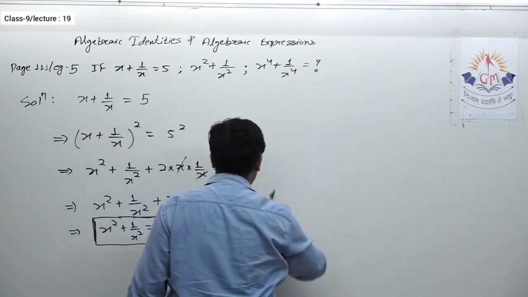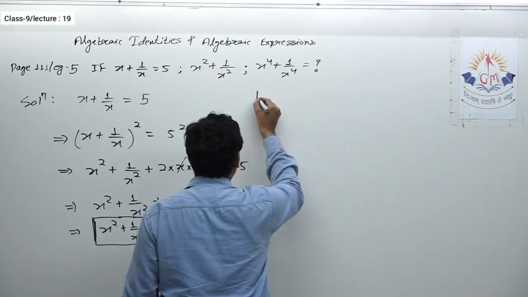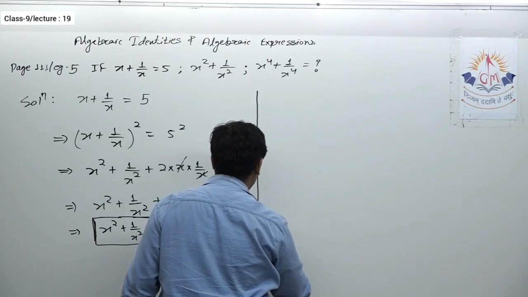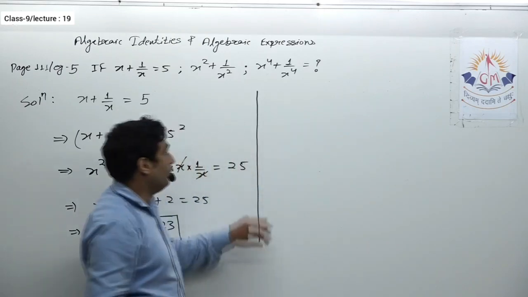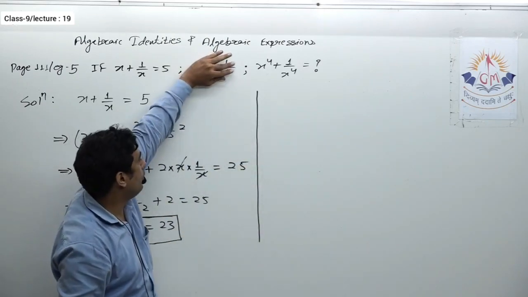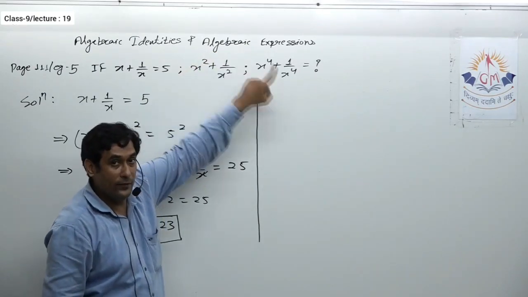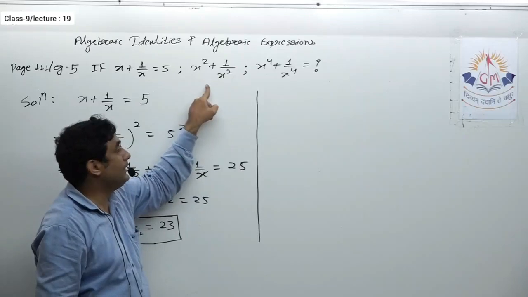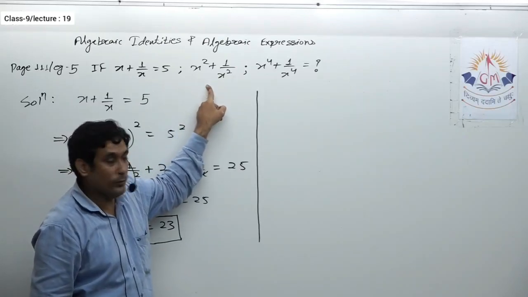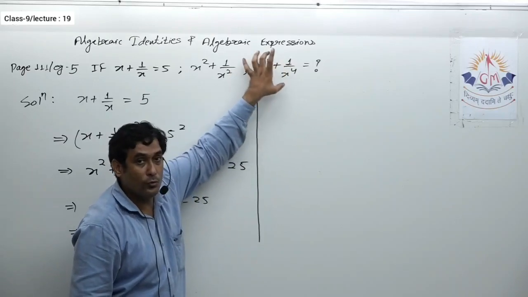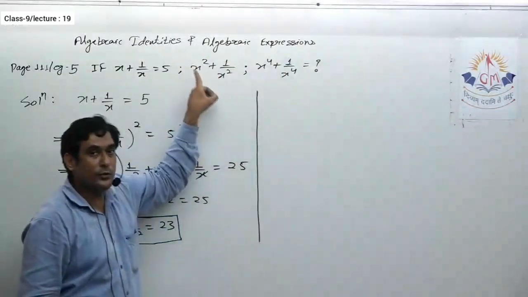So now we'll start from the expression x square plus 1 upon x square is equal to 25. Suppose in this question they are not asking you this, they are simply asking you to find this, then definitely to obtain this you need this first. It is quite possible that they directly ask for this value, so to obtain it, first you need this value.